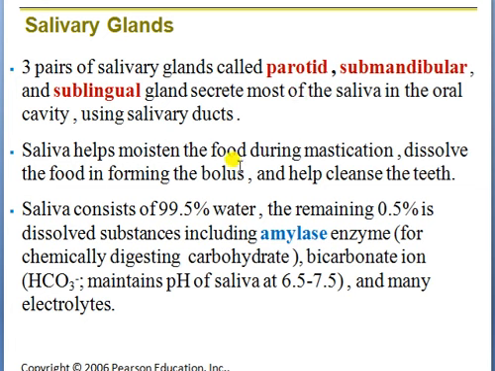The saliva helps to moisten the food during mastication, dissolve the food in forming the bolus, and help cleanse the teeth. So what does saliva consist of? 99% water. So what is the remaining 0.5%? Amylase enzyme, bicarbonate and electrolytes. If you observe, the pH is 6.5 to 7.5.